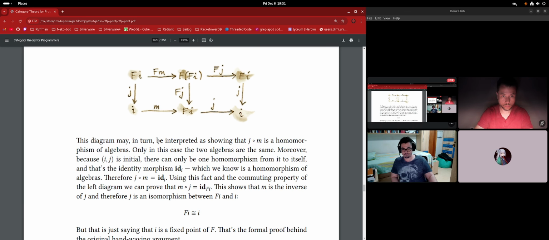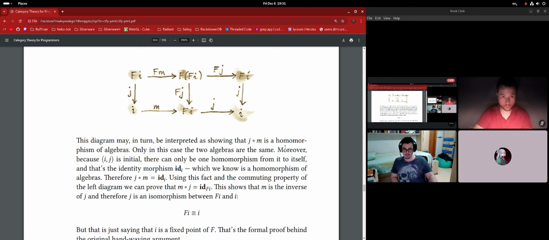So far so good. And then we go to the conclusion that the diagram may be interpreted as showing that J after M, the bottom, is a homomorphism. And the reason is because we're going from I to I. So that's structure preserving.